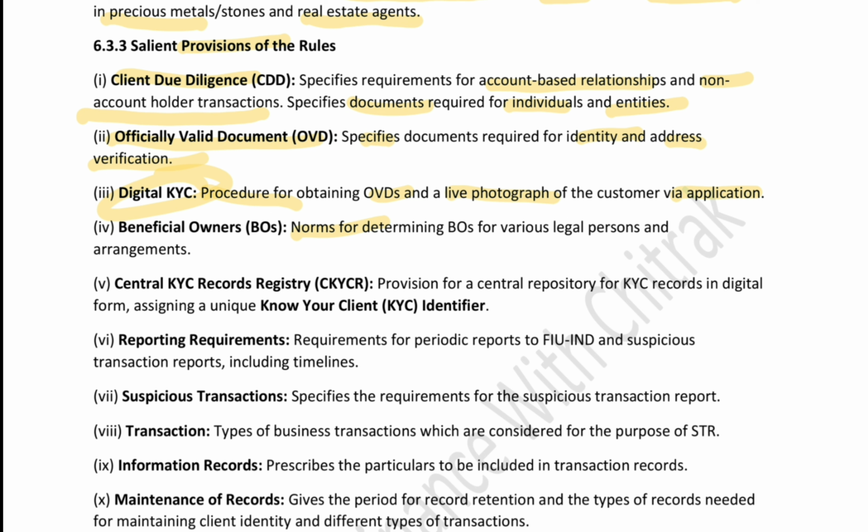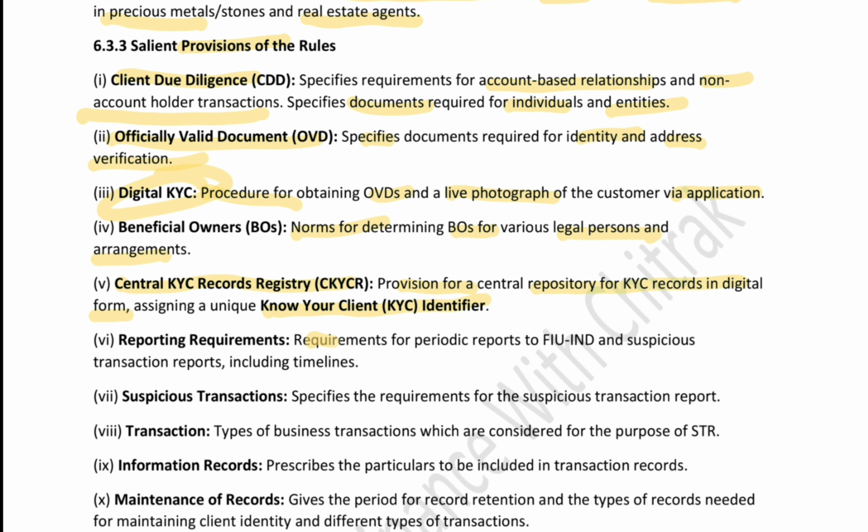Then different norms for determining the beneficial owners of various legal persons and arrangements are described in the provisions of the PMLR. Then it also describes the central KYC records registry and the provisions for a central repository for KYC records in digital form, assigning a unique KYC or know your client identifier.